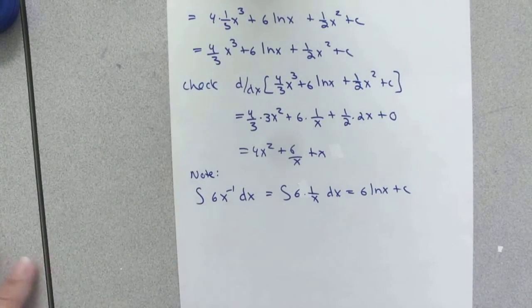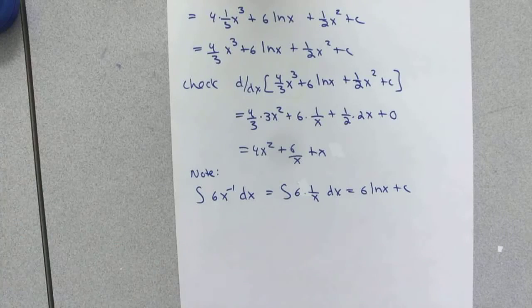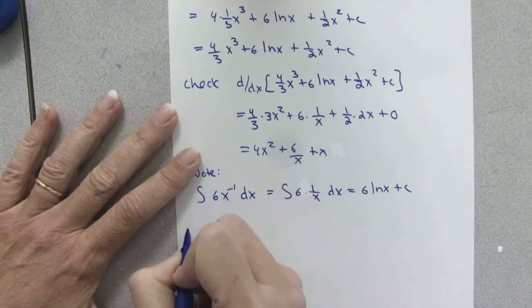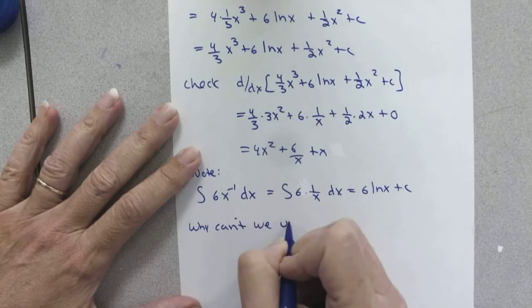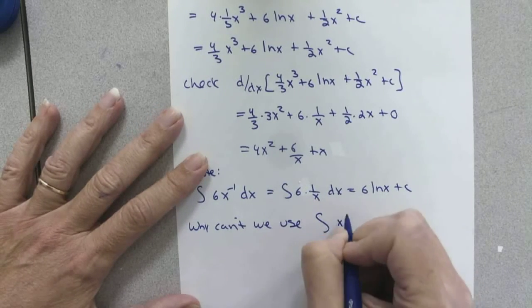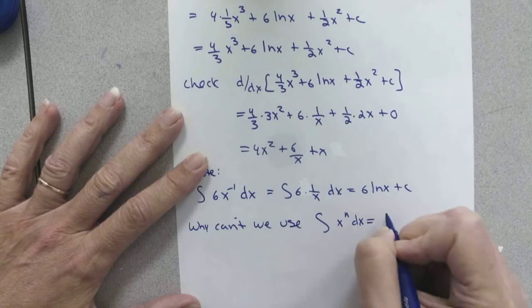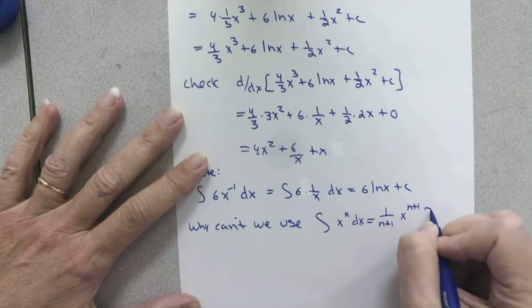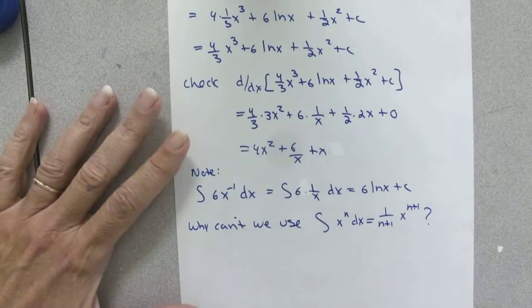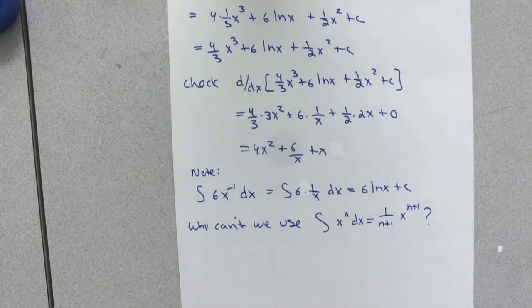That's the correct way. But I will have people try to use the exponent rule. Why can't we use this? The integral of x to the n dx is 1 over n plus 1, x to the n plus 1. Then I'll have lots of people that want to use that exponent rule for every single exponent in the world.